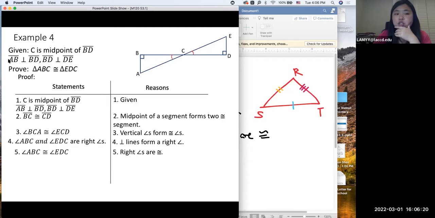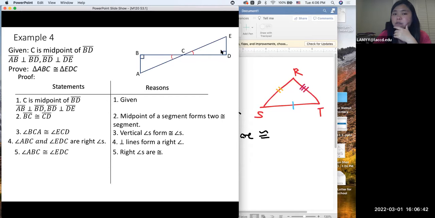They just say AB is perpendicular to BD and BD is perpendicular to DE. So you can't just say ABC is congruent to EDC. You have to explain it. How do you know? Because of the given information: perpendicular lines form right angles.